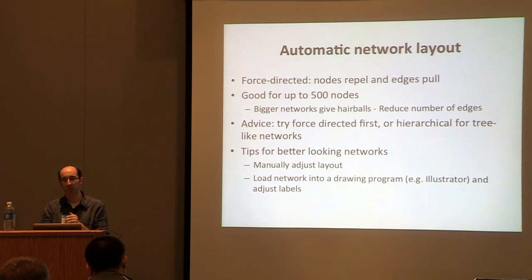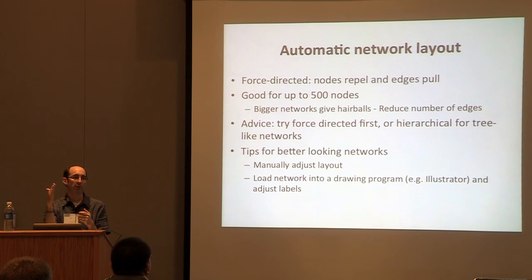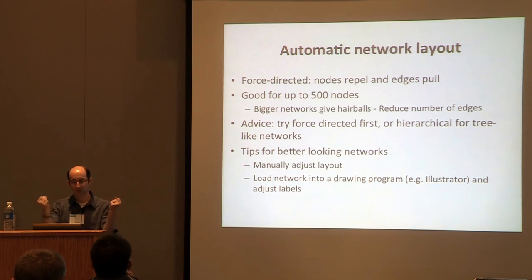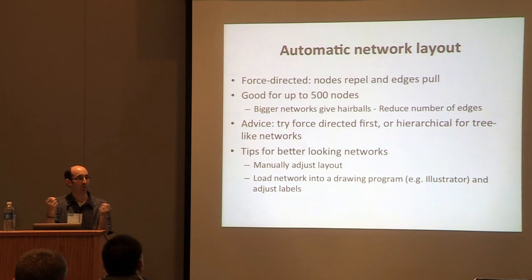For instance, in the weighted correlation networks, you could filter the edges based on correlation. So you could select only the strongest correlations to visualize. That would be one way of reducing the number of edges that would make the networks a lot easier to visualize, and also the patterns in the network would be more easily visible.